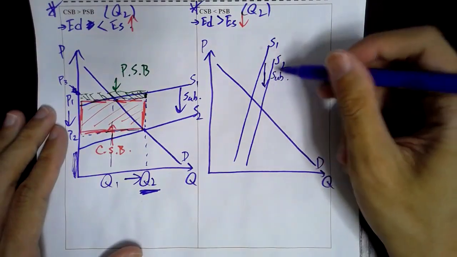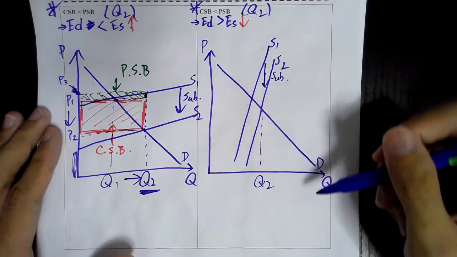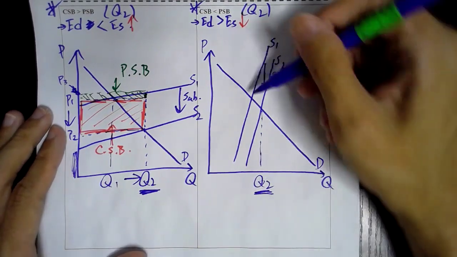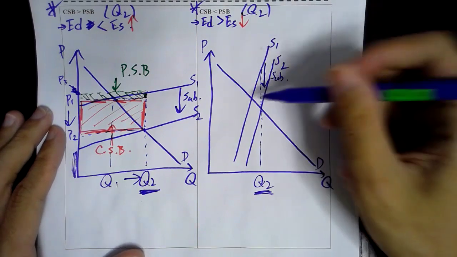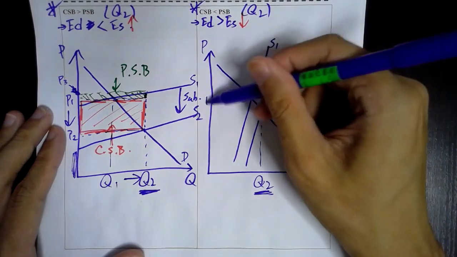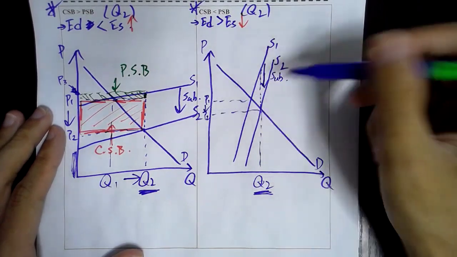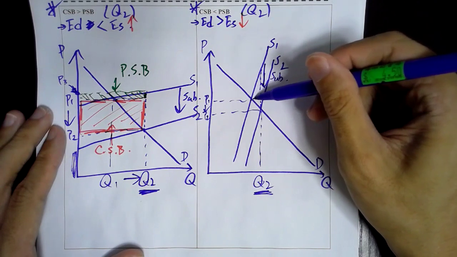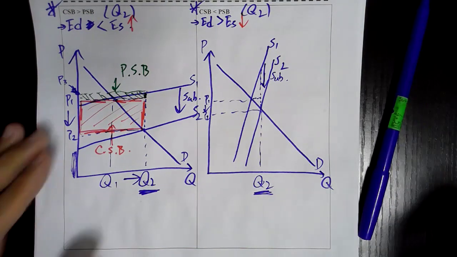Now remember, start with Q2, not Q1. Don't confuse yourself. And then go all the way up to here. Then we have our P1, and also our new price, P2. Remember, this is not enough. We need to go all the way to Q2.